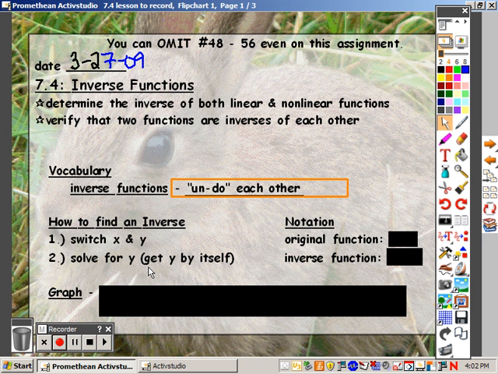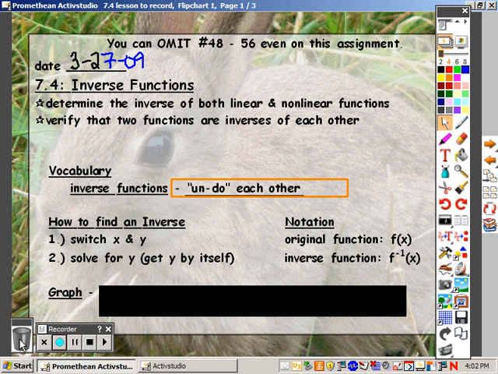So some notation, so that what's going to happen is you're going to have two different equations. You have to be able to tell which one is the original and then which one is the inverse. And so for the original, we often see it in function notation as f of x. Well, I can't call both equations f of x because then you won't know which one I'm talking about. And so to show f's inverse, we write f inverse of x.